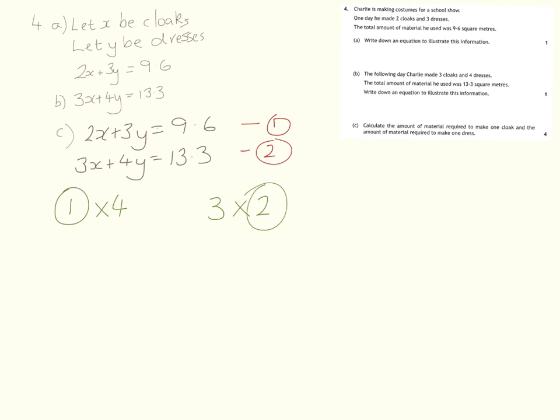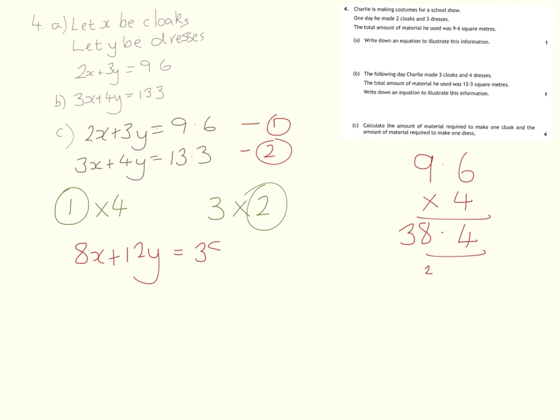So I will have 8x plus 12y equals 9.6 times 4. I'll do that at the side. Put my decimal point. 4 times 6 is 24. Carry the 2. 4 times 9 is 36. Plus 2, 38. So that's 38.4.